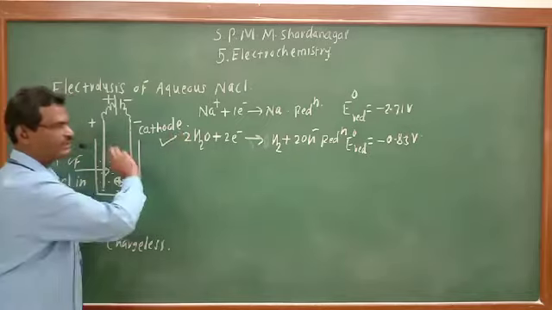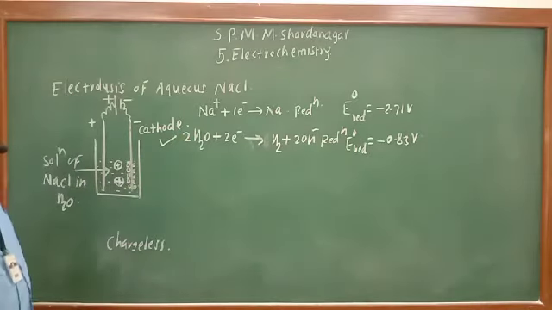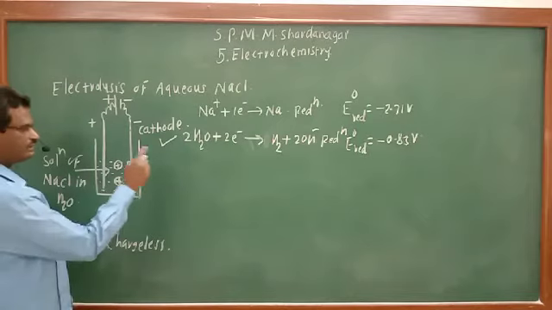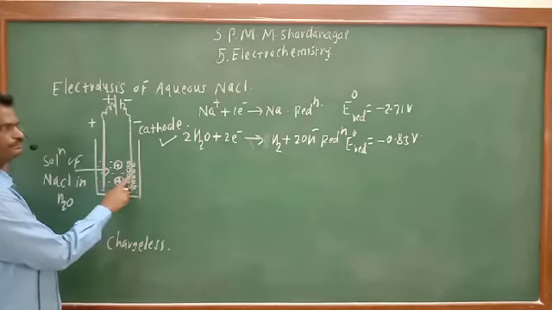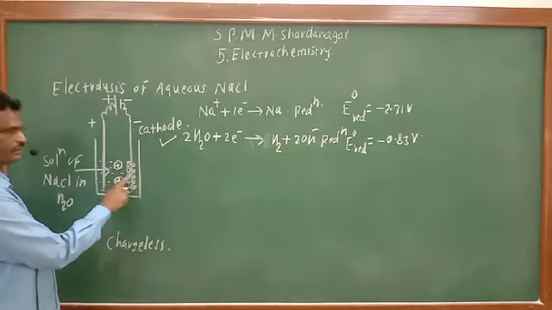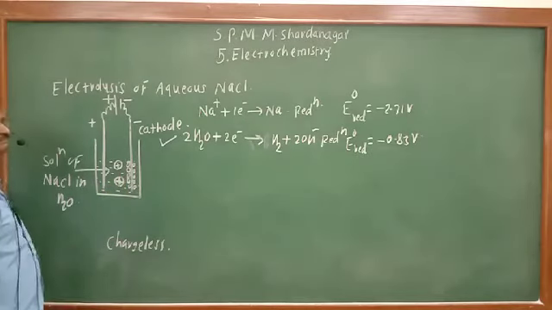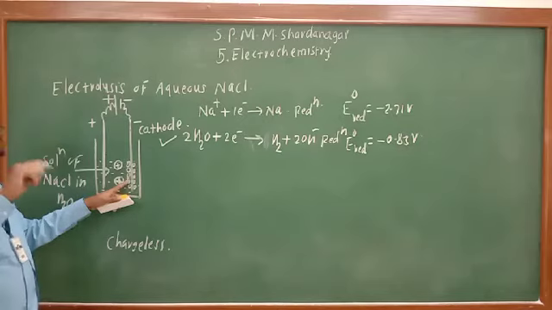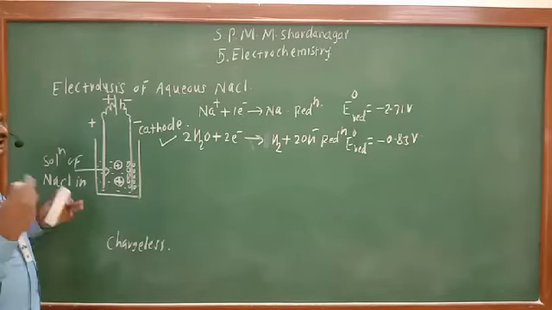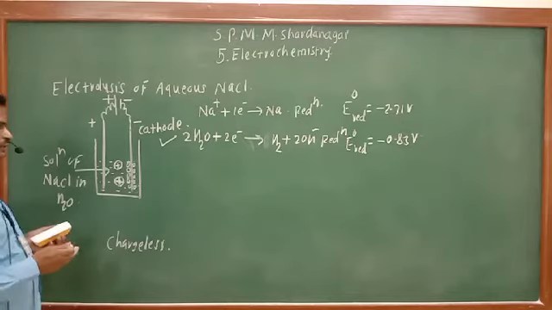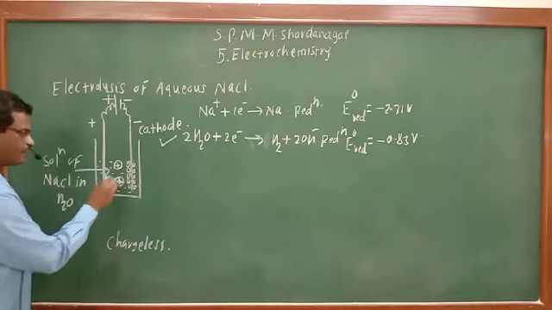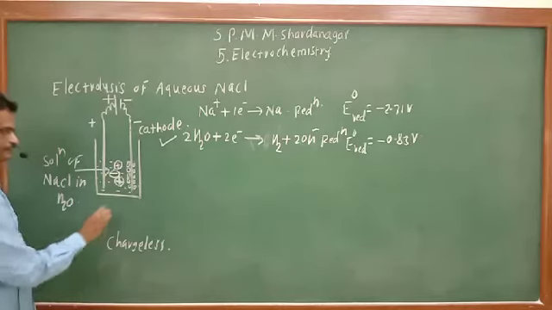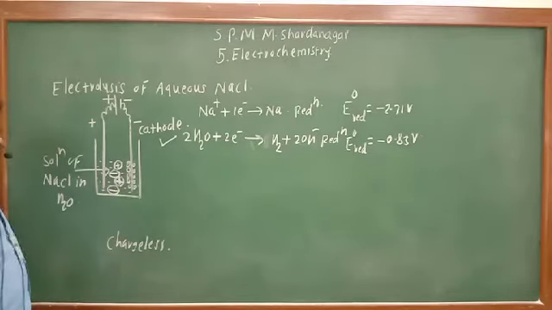So this reaction takes place at the cathode, and reduction takes place at the cathode. Here electrons are added. At the same time, what will happen? There are two negative ions also. Which are the two negative ions? Cl- and OH-.